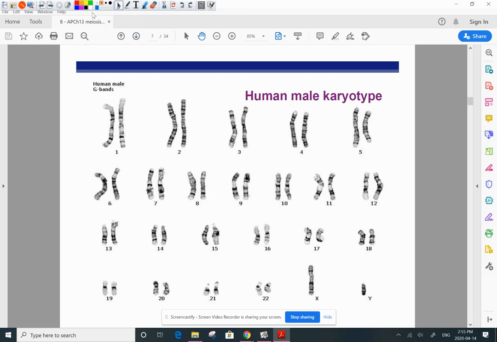And what's the difference? Well, the difference is down here at the bottom. You have the XY. You'll notice the X chromosome is a rather large chromosome, and the Y is a little tiny chromosome. So that's our 23rd pair of chromosomes, the sex chromosomes. XY for male, this is a normal male karyotype, and a normal female is going to have an XX as the 23rd pair.